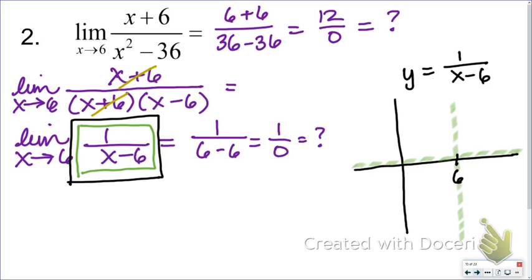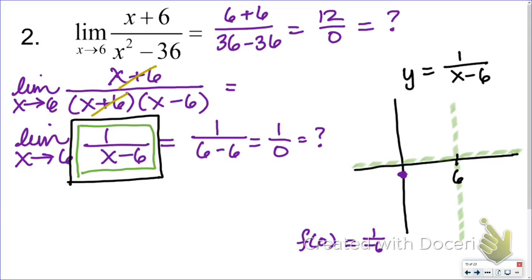And then I can just pick one point. So let's say I plug in a 0. When x is 0, f of 0 is 1 over negative 6. That's going to be down here.